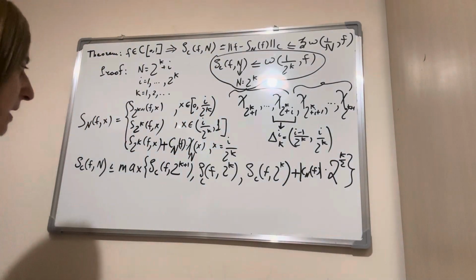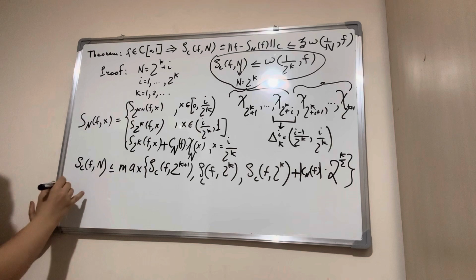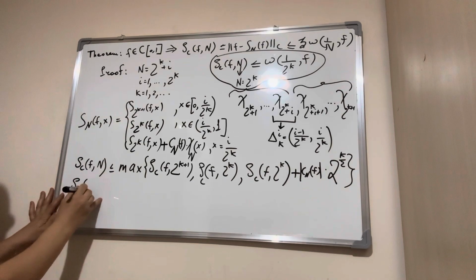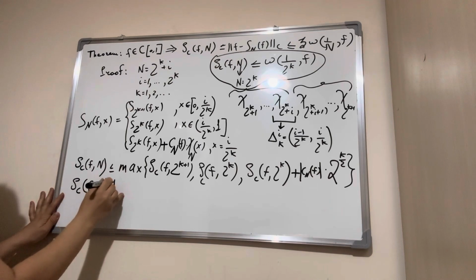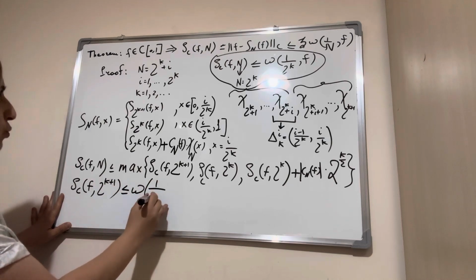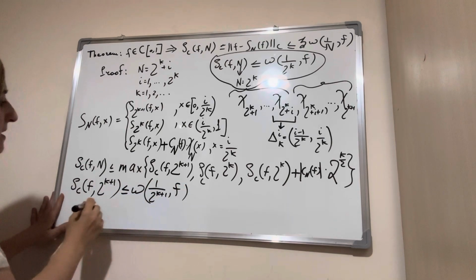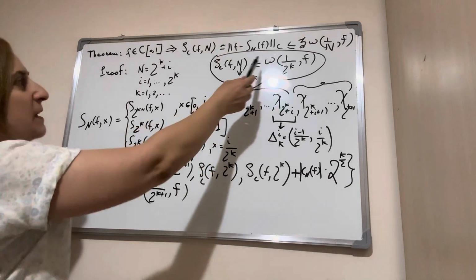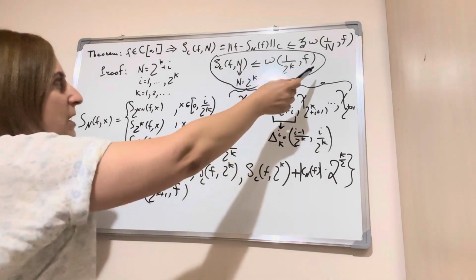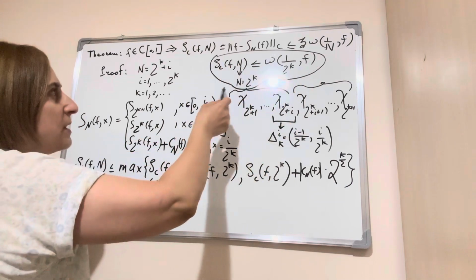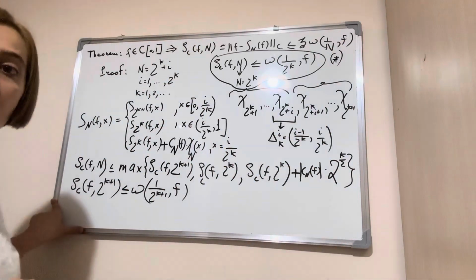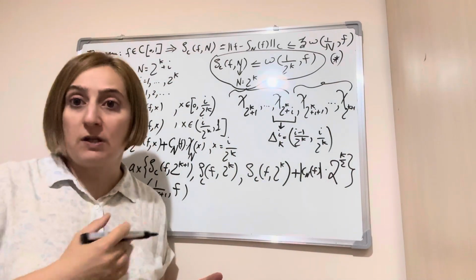Now we want to notice that rho_C(f, 2^{k+1}) is less than or equal to omega(1 over 2^{k+1}, f). Why is this? Because we have the particular case, and for the particular case we have proved before that the following inequality, let's call it the star inequality, holds true, so we used it here.